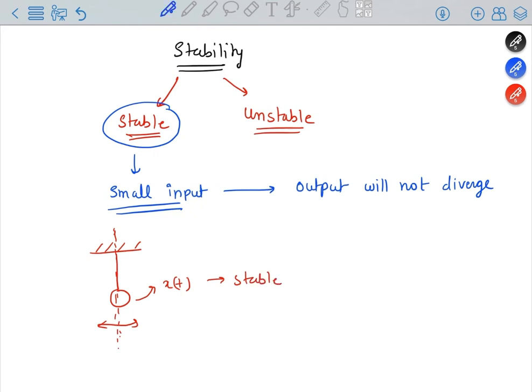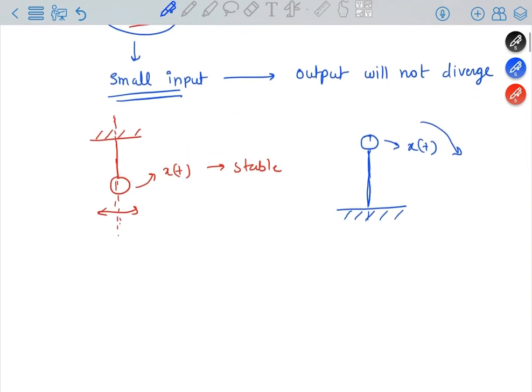Now assume another kind of system, that is an inverted pendulum. This is your vertical line, and the pendulum is at the vertical position. Now if we apply a force of x(t) to this pendulum, the pendulum will diverge due to gravity, and this makes the system unstable.